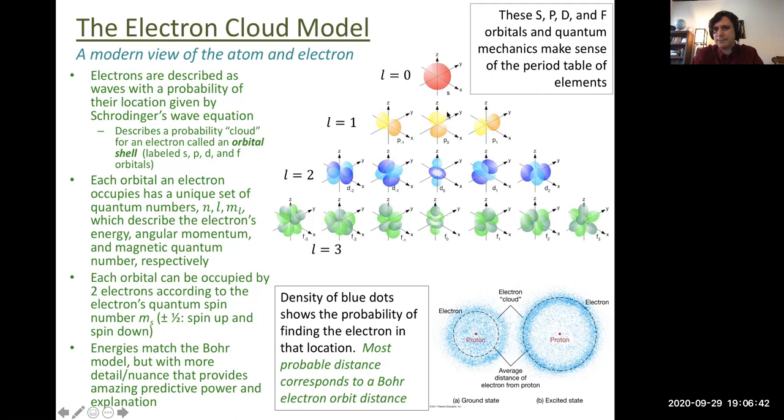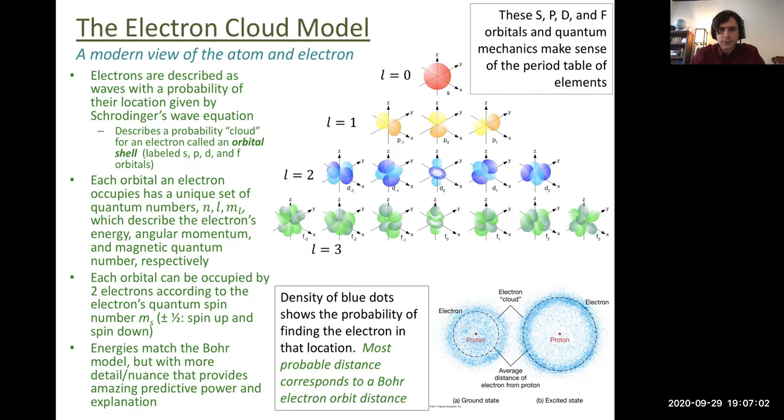And notice that they get increasingly complex in their shapes as you go from an s orbital to a p orbital to a d orbital to an f orbital. And there are higher level orbitals as well. And you just keep on going through the alphabet. But these are the primary ones.